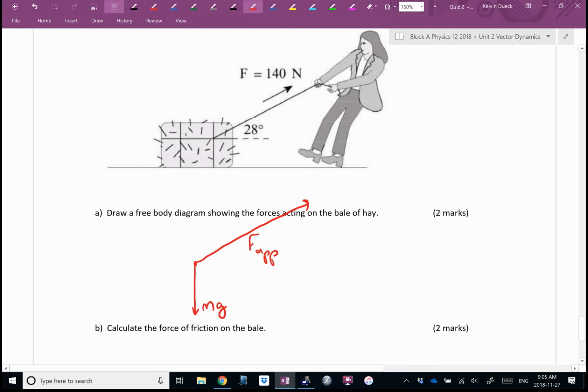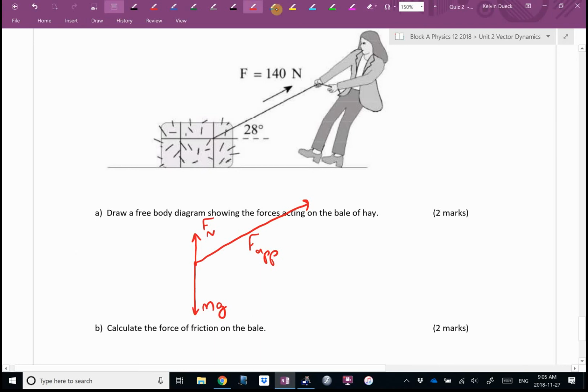Is the normal force going to be bigger or smaller or the same size as mg in this situation? Smaller. So here's what I would look for. If you're marking your own, I'm looking for a normal force that is definitely smaller, not the same size, and not larger. Okay? What else? Friction. How long am I going to draw friction exactly?